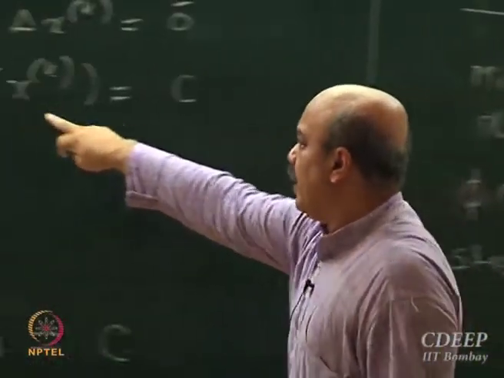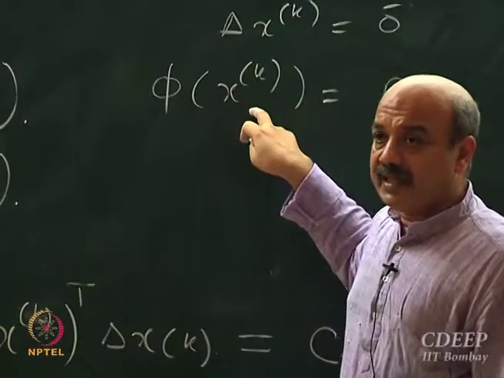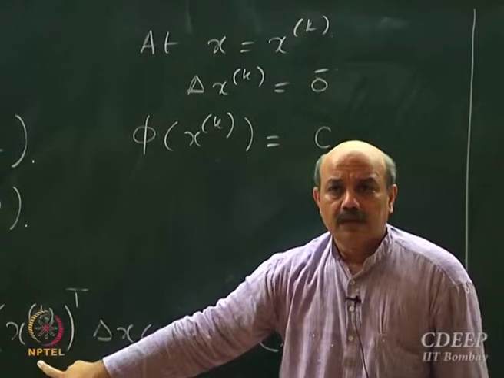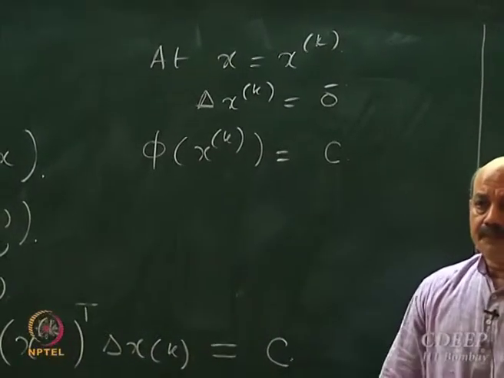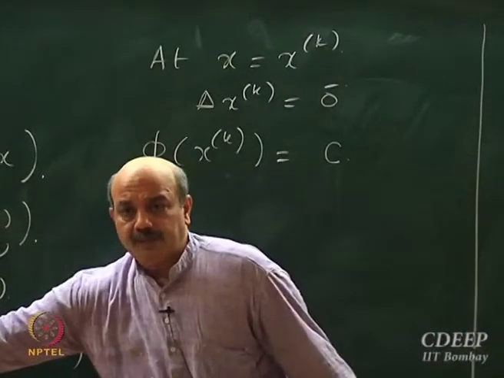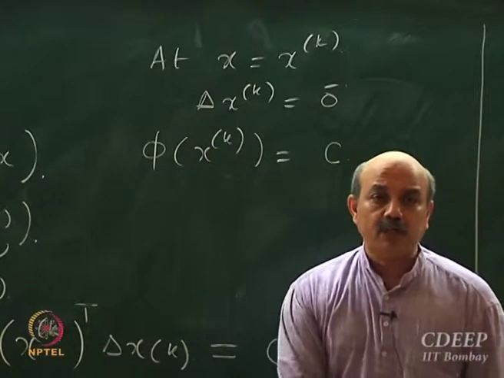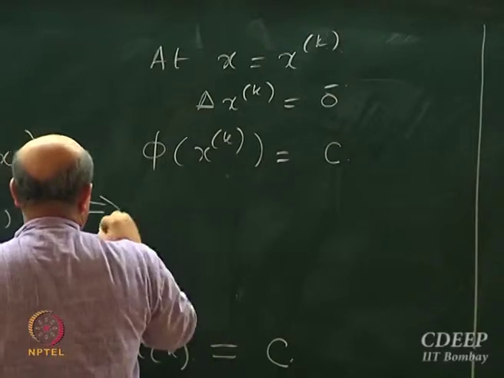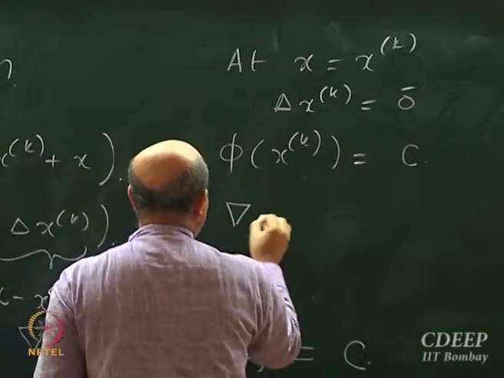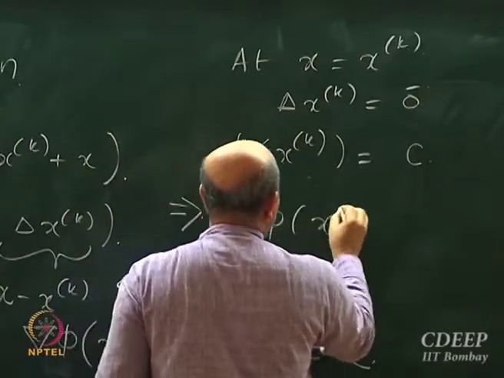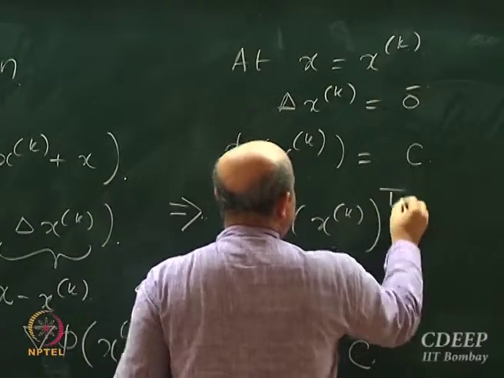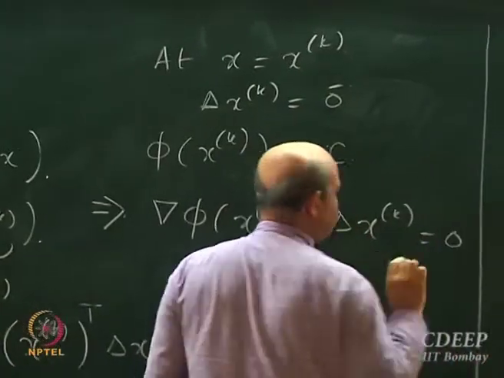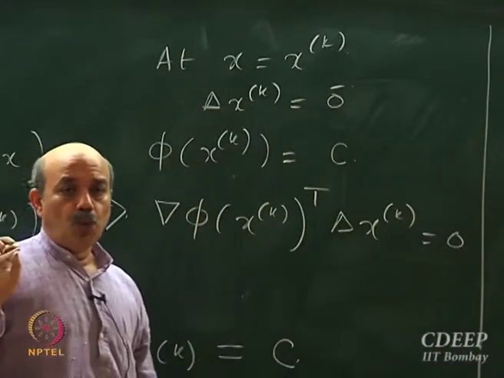So now this phi xk is constant. If I substitute here, what will I get? This becomes C. So C equal to C. So what is the local behavior of the curve? This implies that gradient of phi at xk transpose delta xk is equal to 0.